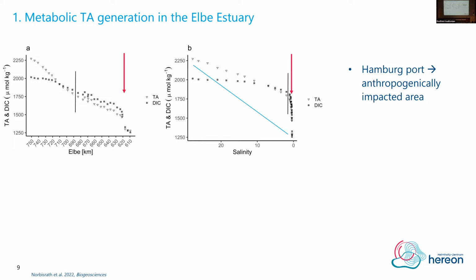Normally we would expect a linear mixing of alkalinity with marine waters, but we see a strong deviation from the expected linear mixing. So we assume a highly metabolic activity in the upper estuary.